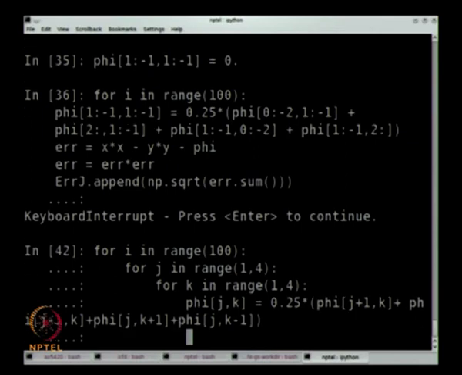Do I need to do anything else there? I do not need to do anything else there. So that is for the first for loop, that is for the second for loop. So ERR equals x star x minus y star y minus phi.